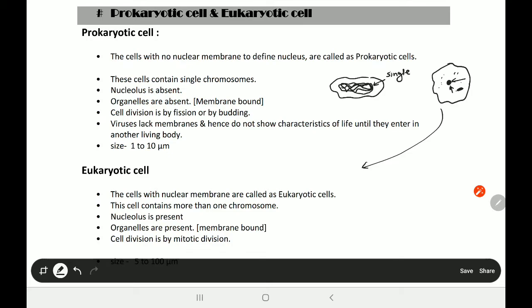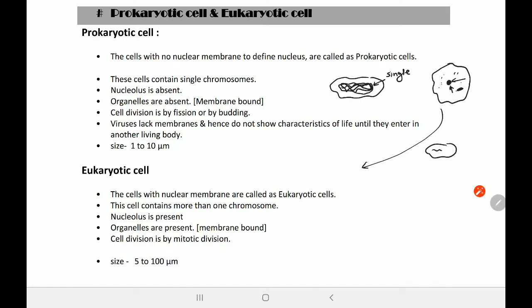Normally in a prokaryotic cell, the division, that means further reproduction, is only possible by fission or by budding. Fission means converting from one cell to two. There are multiple types of fission, like binary fission or multiple fission.